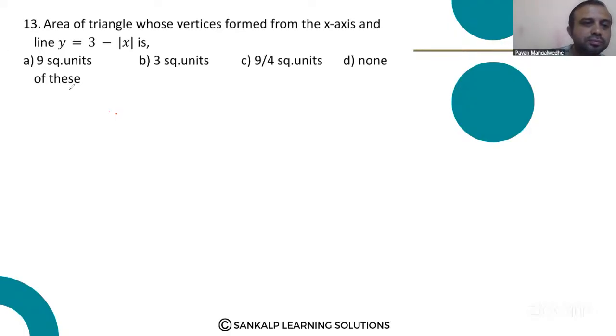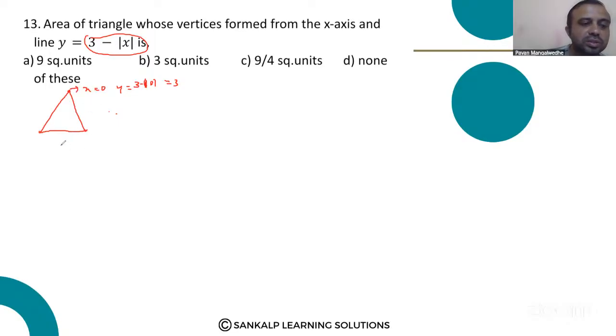So you know that this triangle has three vertices. Vertex 1, that is the peak of the V, that is the y intersection. There x is equal to 0 and y is equal to 3 minus mod of 0, which is 3. This is the first vertex coordinate.